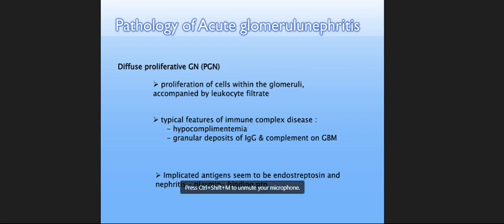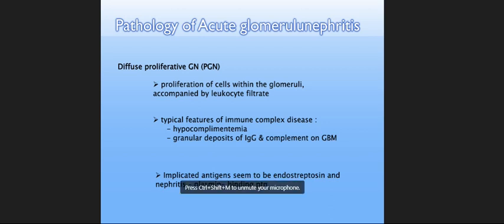We may have hypocomplementemia. You know the complements from C1 to C9. Mostly, we will find those complements are decreased, especially C3 and C4, especially in lupus nephritis.